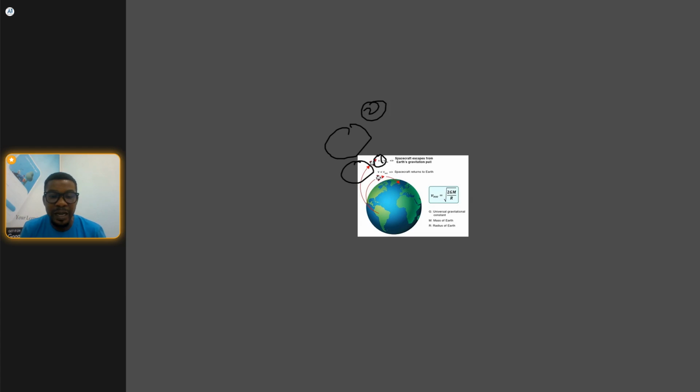The satellite labeled as 1 tried to escape the surface of the Earth and also to escape the gravitational force. But the gravitational force of the Earth was so strong that it had to bring the satellite back to the surface of the Earth again.